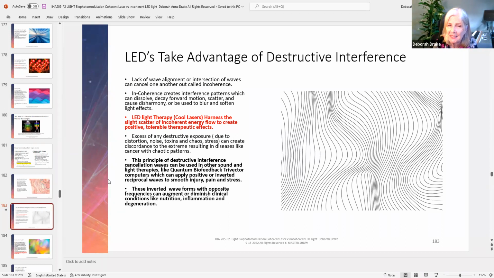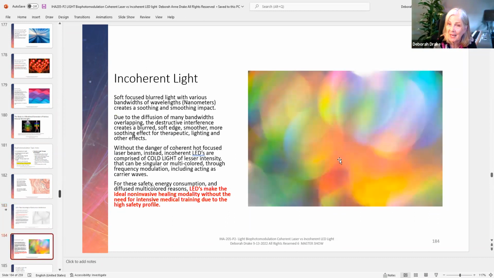And so these are inverted waveforms that are opposite frequencies. We can put in a plus charge of plus 780 or minus 780, and we can diminish things that are too high, or build things up that are too low. In this way, we're able to modify inflammation and degeneration, not by curing diseases, but by balancing you to the homeostasis point using incoherent light.